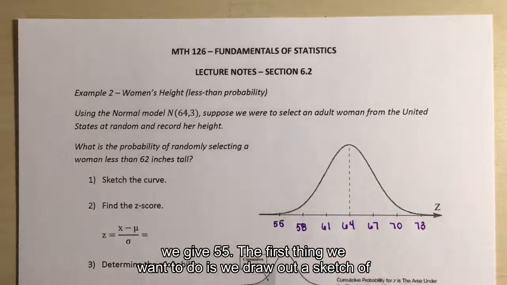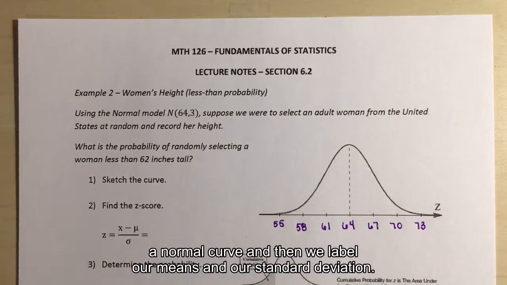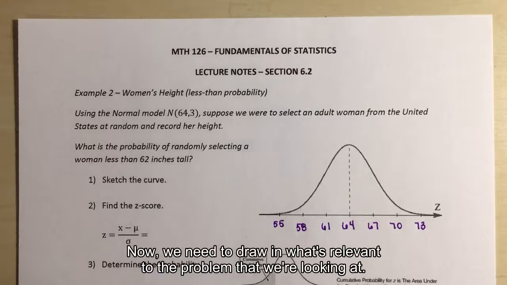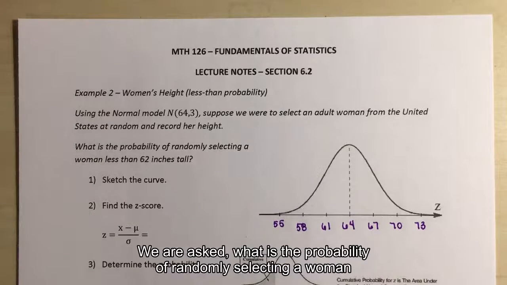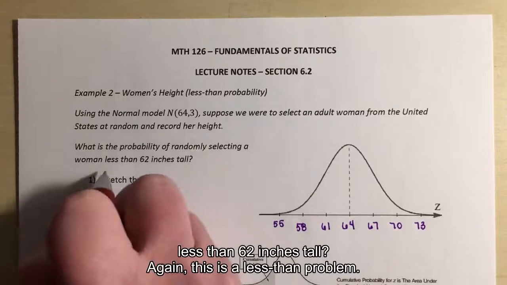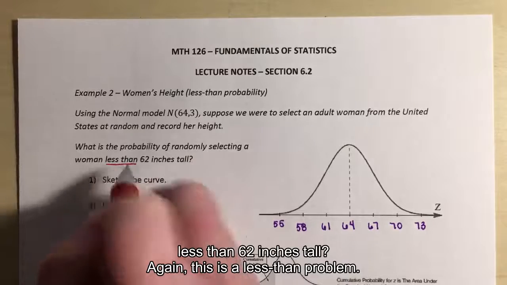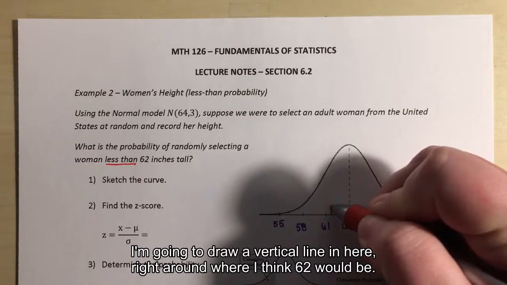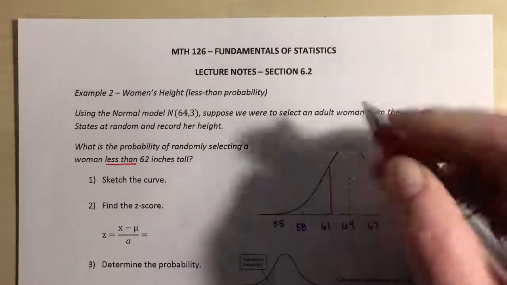So the first thing we want to do is draw out a sketch of a normal curve, and then label our mean and our standard deviation. Now we need to draw in what's relevant to the problem. We are asked, what is the probability of randomly selecting a woman less than 62 inches tall? So again, this is a less than problem. I'm going to draw a vertical line right around where I think 62 would be.